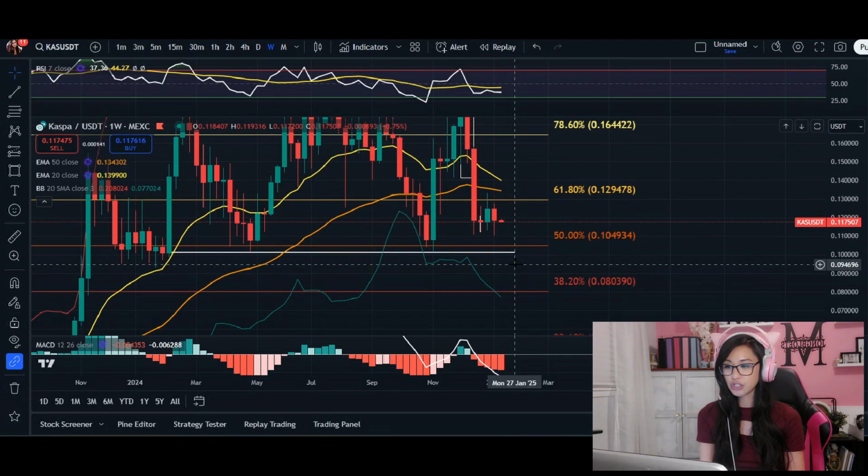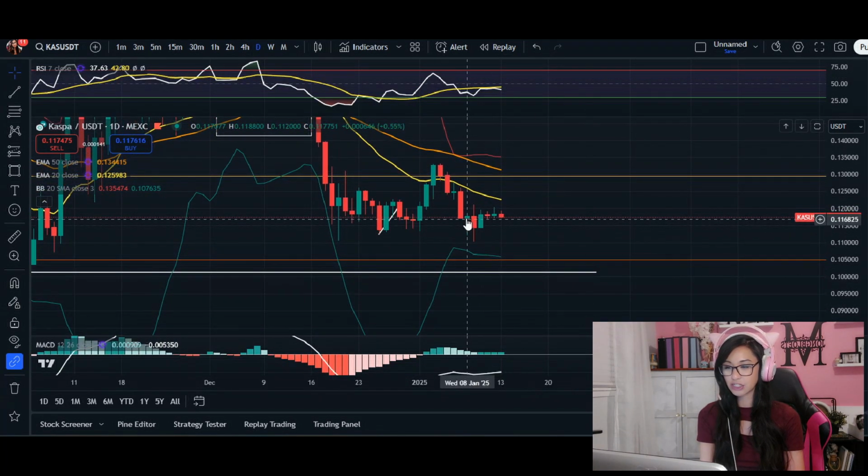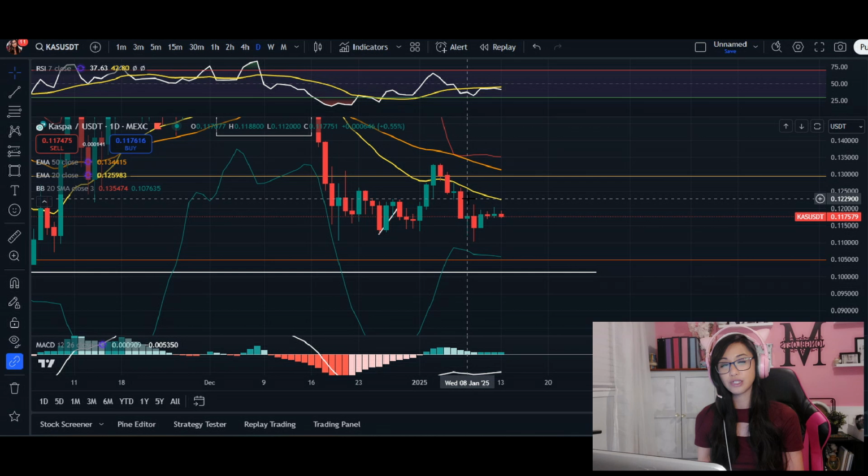Now heading over to the daily time frame here, we can see Kaspa is consolidating just below our 20 moving average, which is again adding a dynamic resistance level. If we do want to see a pullback in an uptrend, ideally we do want to close above this level. The 50% as well remains a key target here for bulls.